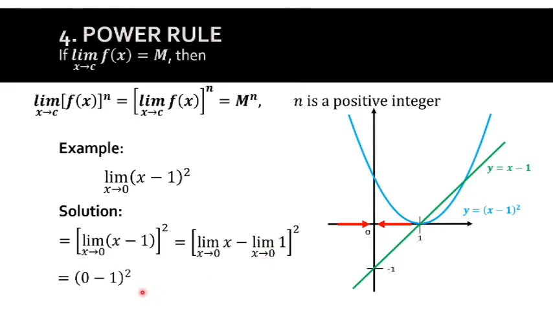Since their limits are equal to 0 and 1, so 0 minus 1, we have the limit of the function as x approaches 0, which is equal to negative 1. Squaring negative 1, we have positive 1. So that is the limit of the function y is equal to x minus 1 quantity squared.